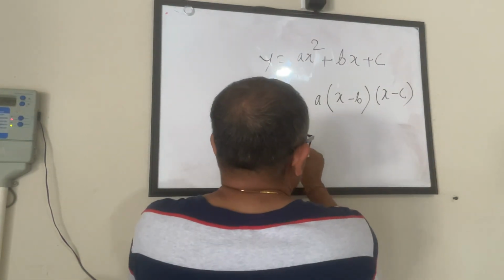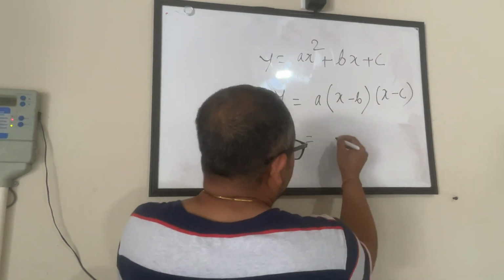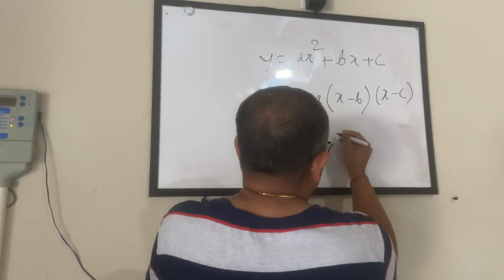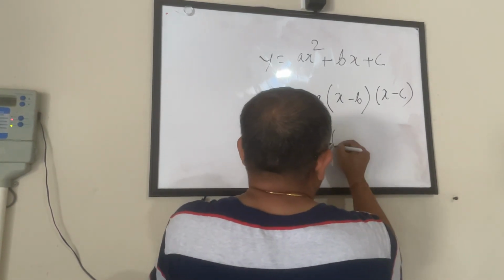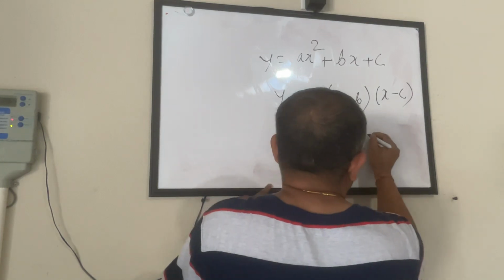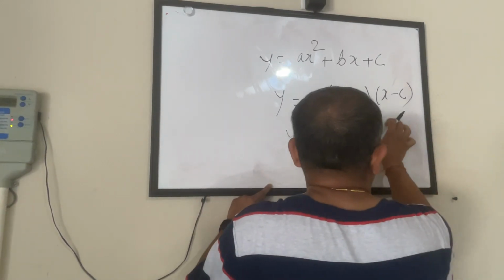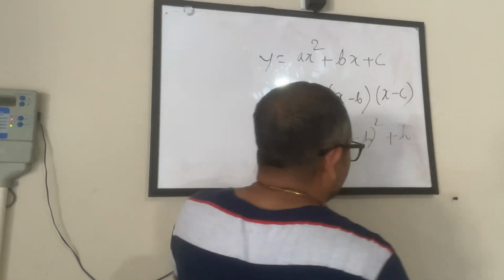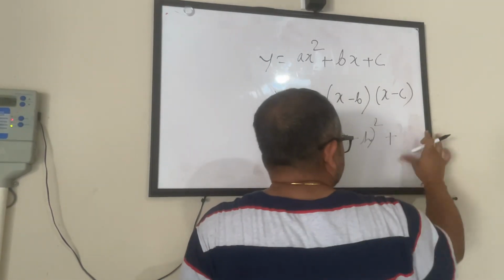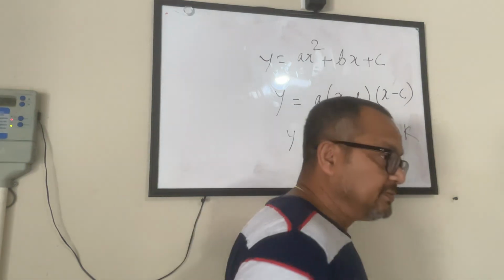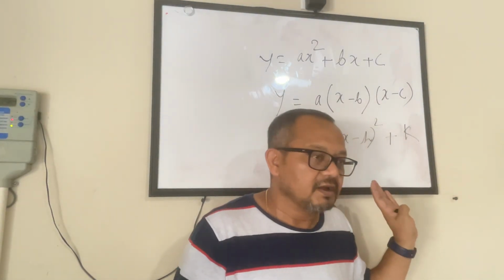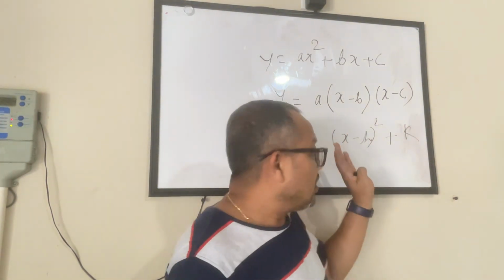Where you can write an equation like y equals x minus h squared plus k. This is called a vertex form.